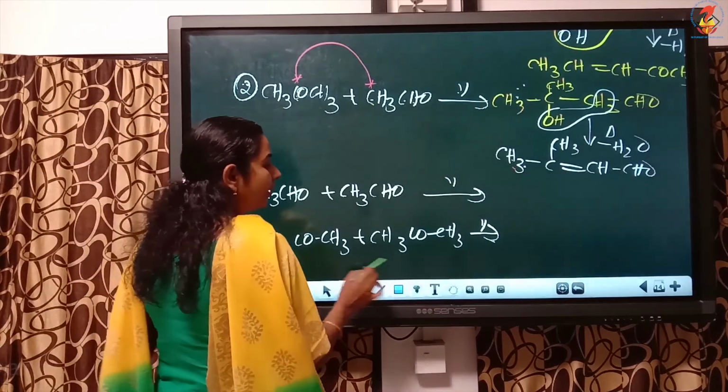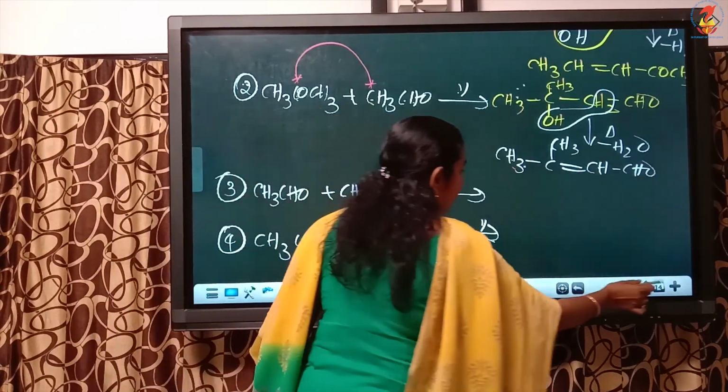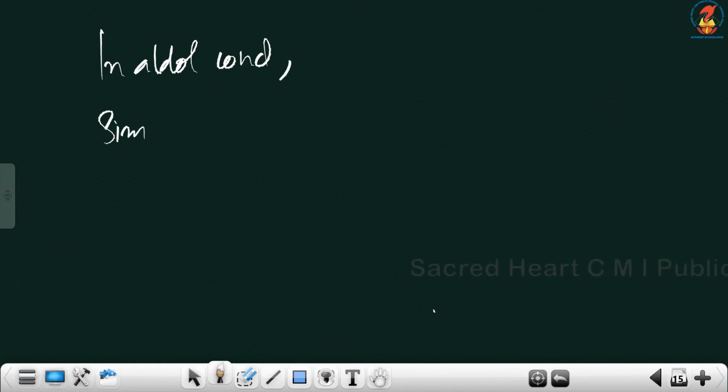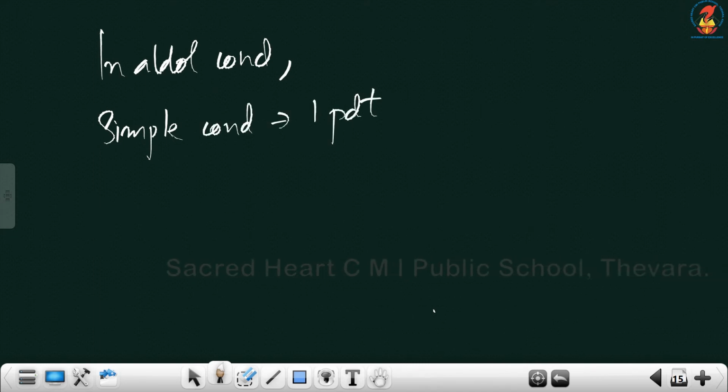So how can we conclude it? In aldol condensation, if it is simple aldol condensation, we are getting only one product.